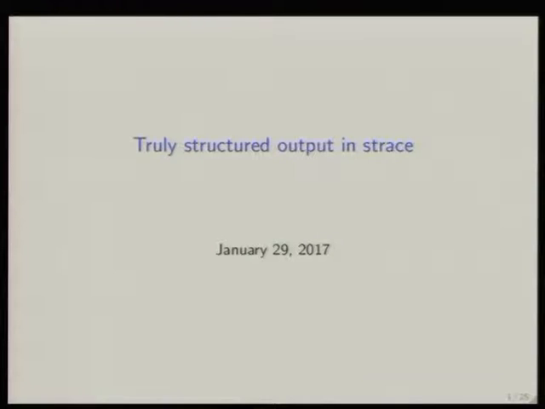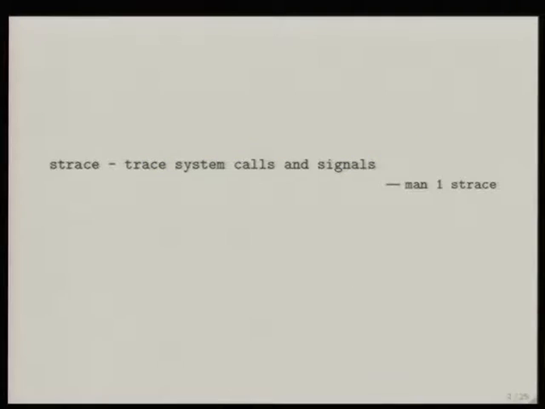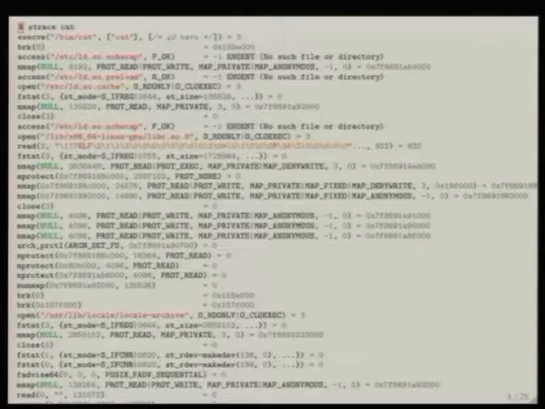So I'm going to talk about another new feature in Strace, not yet merged, but will be soon: truly structured output in Strace. Dmitry already told you about Strace and how it works, and this is typical Strace output. As you can see, it is pretty C-like, and has been since 1991.